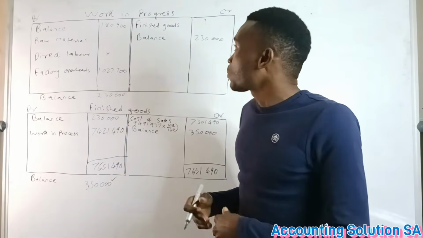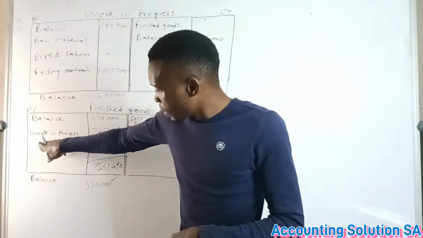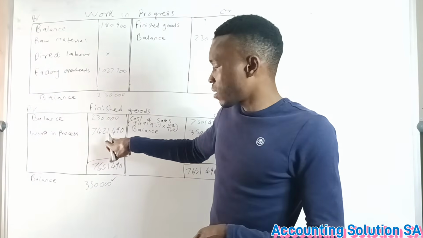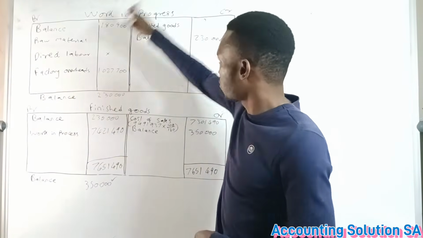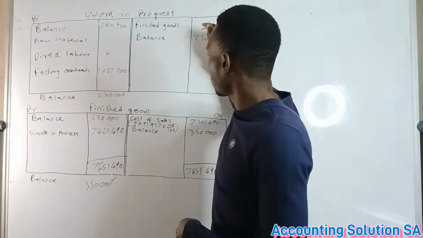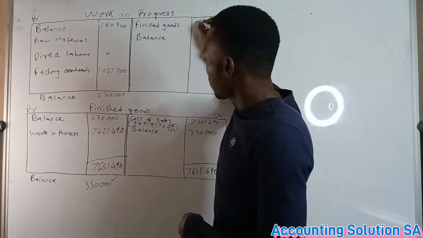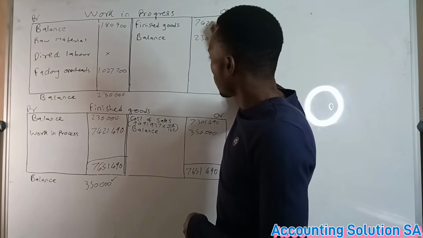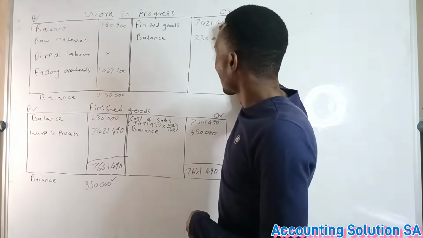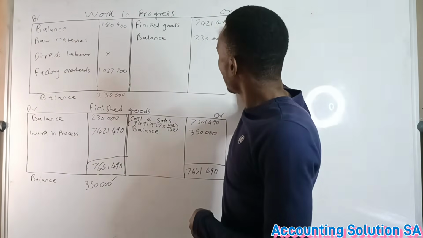Okay, now let's proceed. Because we have this amount of work in progress, which means that we know that work in progress was taken this side, we're just going to take it and say 7,421,490.